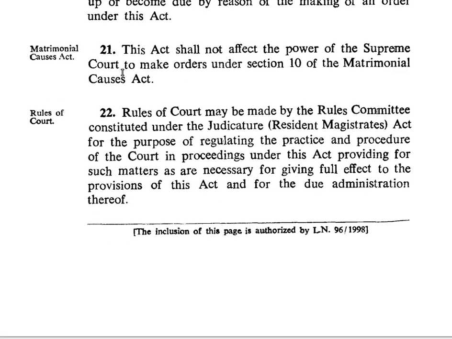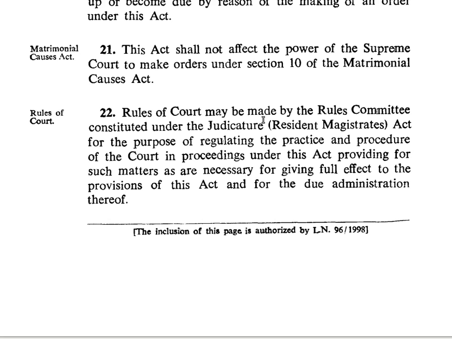Section 21, Matrimonial Causes Act. This act shall not affect the power of the Supreme Court to make orders under Section 10 of the Matrimonial Causes Act. Section 22, Rules of Court.